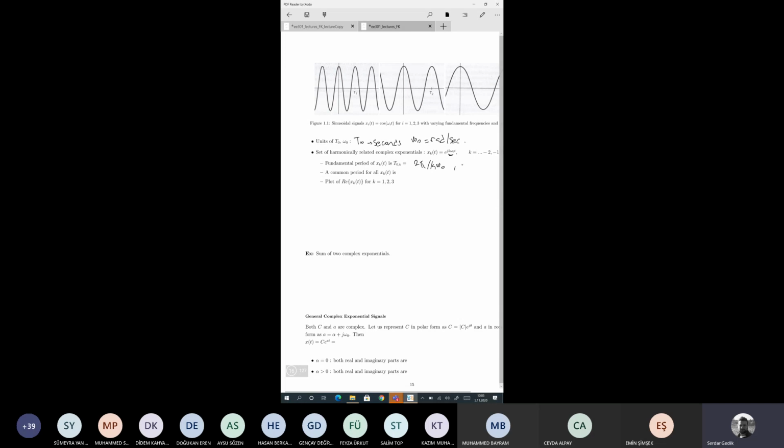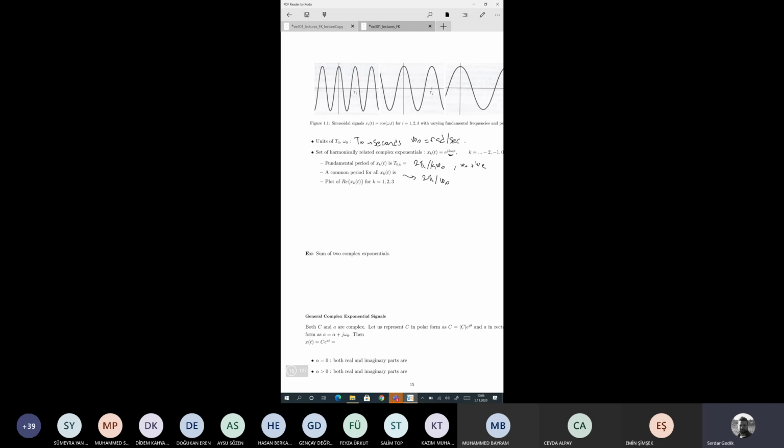Remember omega 0 is a positive number, so I get rid of the absolute values from the previous page. This 2 pi over k omega 0 is the fundamental period for each of those exponentials, and 2 pi over omega 0 is the common period of all of those signals.